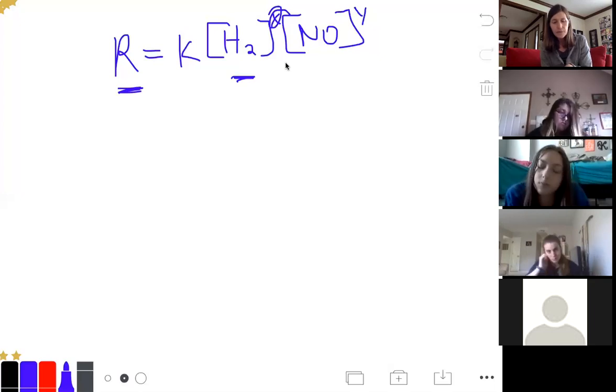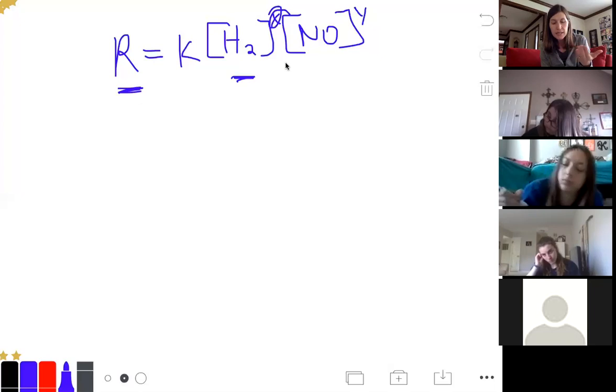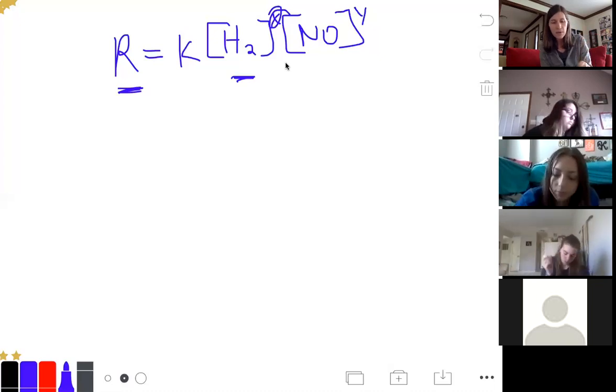Then I have to look and say, what can I find out from that information? So I try to find a trial where one of those stayed the same. For instance, from trial 1 to trial 2, the hydrogen stayed the same. It did not change. So if there's any change in the reaction rate from trial 1 to trial 2, it's going to be a result of the nitrogen oxide.